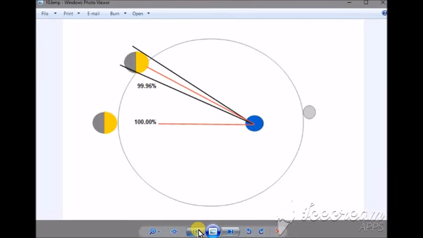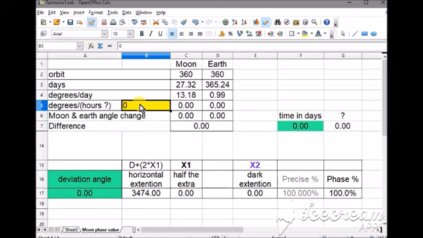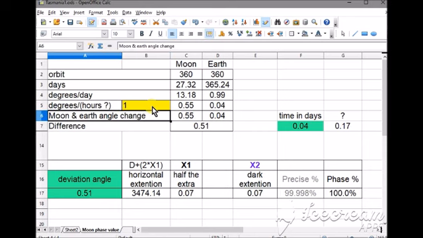So I put these equations on an Excel sheet for the moon and the earth. The orbit takes 360 degrees, the period is 27 and 365 days, and so the degrees per day is this and this. Then here I put how many hours after the full moon. If I say 1 hour, the moon and earth change in angle is this value, and I subtract this value from this and I get 0.51.